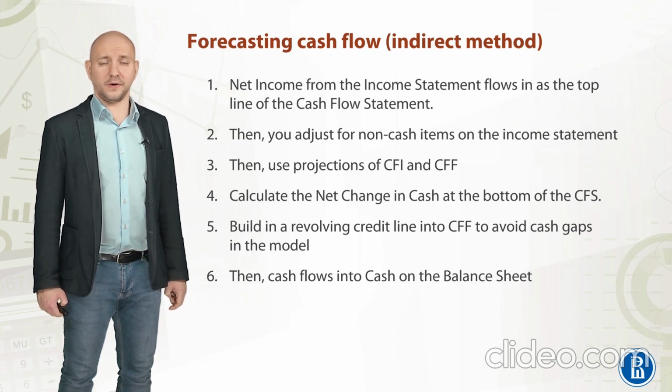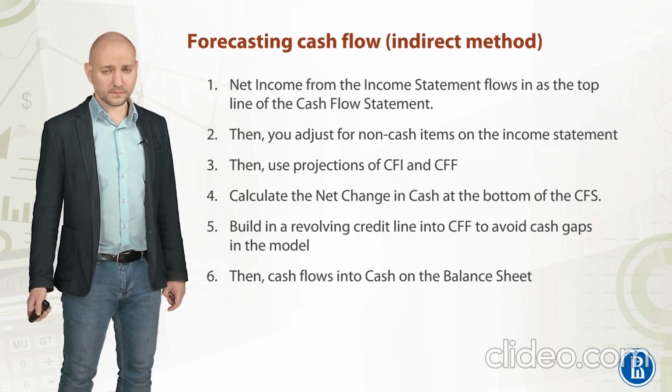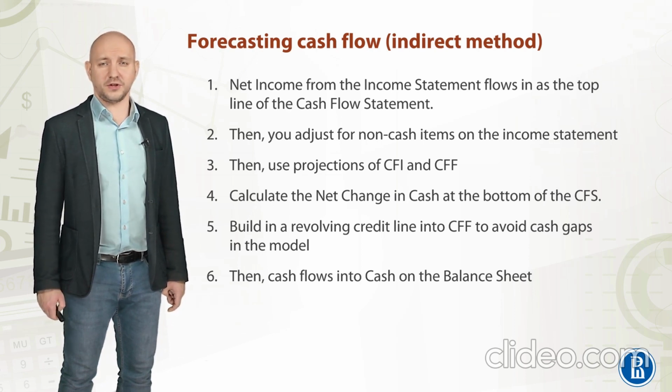So when we forecast cash flow from operations, we start from net income, which flows from the income statement. So it becomes the top line of the cash flow statement. Then we adjust non-cash items on the income statement, which includes again depreciation, and also it could include other factors like foreign exchange differences and so on.